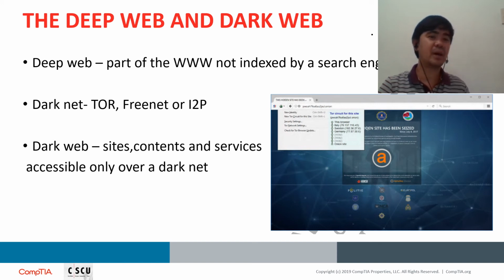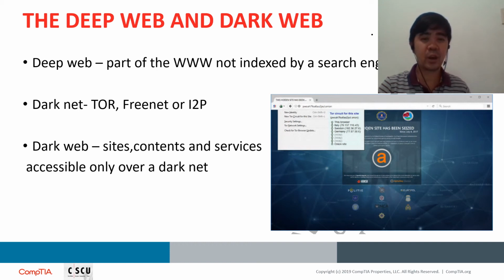Okay. Again, you know what? When we search in Google, Google is a search engine. We can search lots of information in Google. But what Google can find in the World Wide Web is only about 5% of the information. Okay? 95% of the information the internet has is to be found in the deep web.